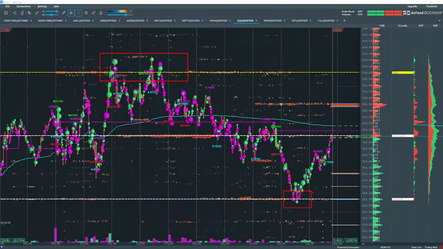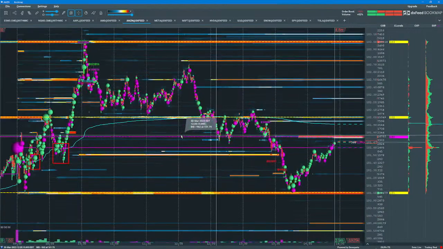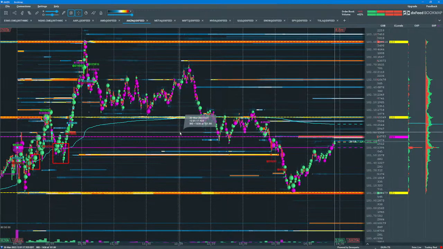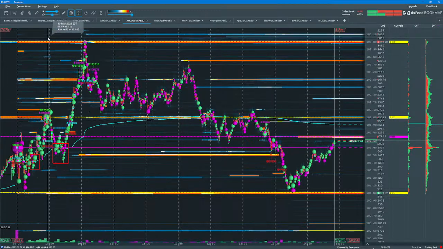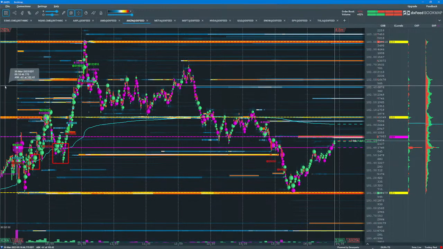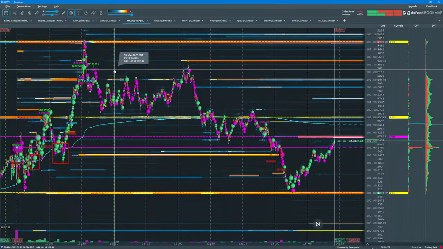All right, there were a couple of other good setups that I really didn't have a plan for, but let's take a look at them. The first was Amazon. And sometimes it's just hard to track everything. There are so many stocks, and you know, I'm only one person, so it's hard to find everything.